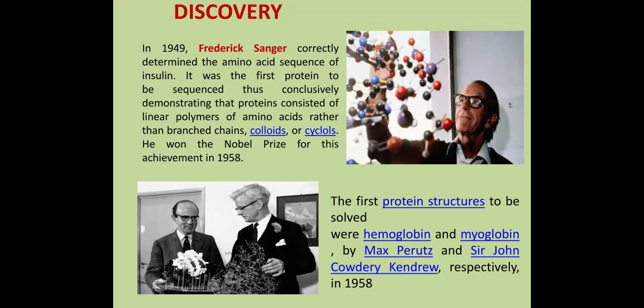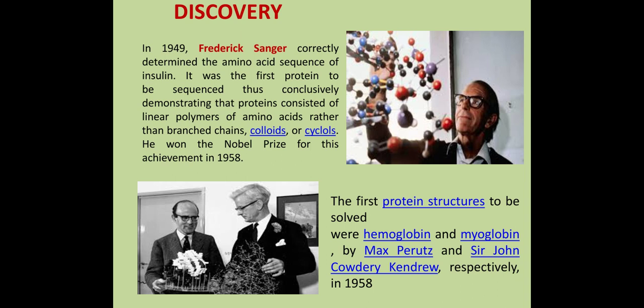Frederick Sanger first of all determined the amino acid sequence of insulin protein in 1949. It was the first protein to be sequenced. And this demonstrates that the protein consisted of a linear polymer of amino acids rather than branched chains or colloids or cyclols.